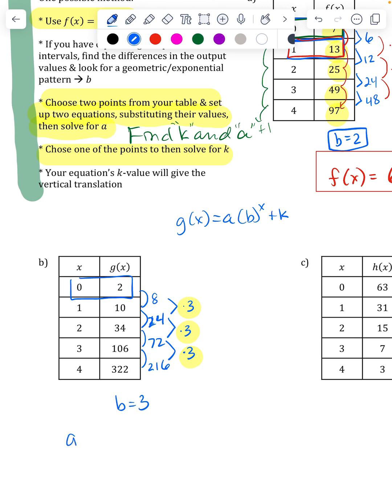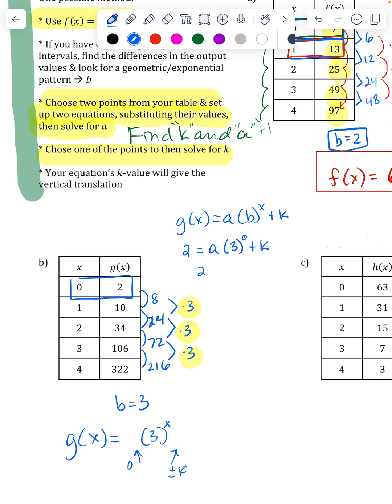So ultimately, when I'm done, I have to find my a value, but my b value will be 3 to the x power. Now I have to find my a, and I need to find my plus or minus k. So what I was starting to do before is to take the first y equals the a I'm finding. I know that b is 3 from my work down below, to the x power, but in this point the x is 0, and then plus k.